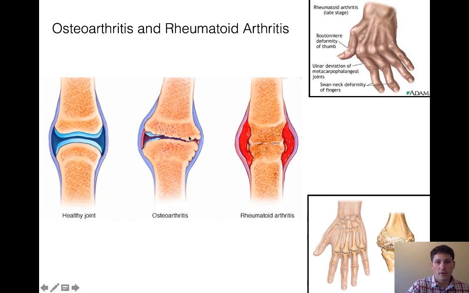Well, osteoarthritis is, as we get older, that cartilage breaks down and we start to get some bone on bone rubbing, and that can be pretty painful and lead to ossification of those bones. In rheumatoid arthritis, though, it's an autoimmune disease that actually attacks the articular cartilage and eventually results in ossification, swelling, and soreness at those joints.